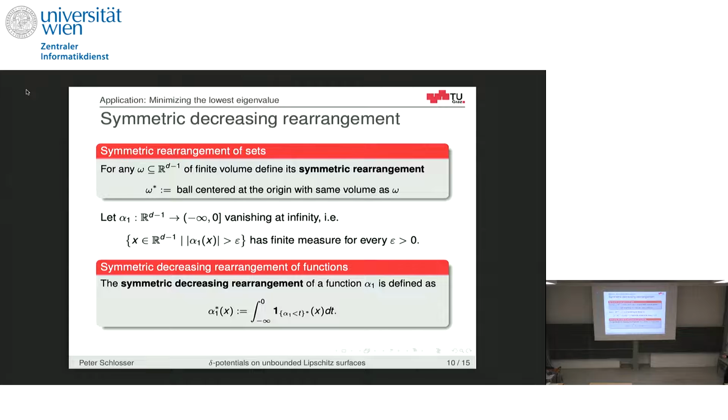Then we can define this alpha 1 star. You don't see so much in this formula, but as I showed you on the last page, you just shift all the level sets to the center. In particular, it keeps the LP norm for any P.